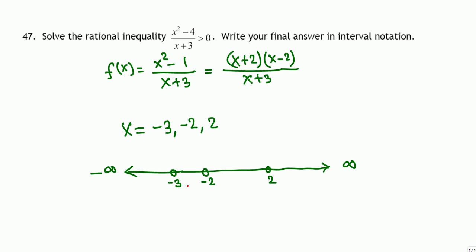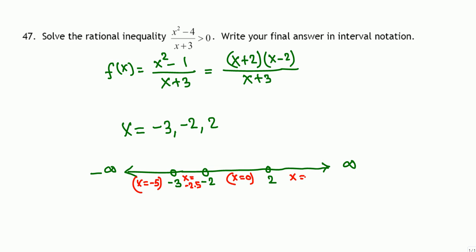Let's take the test point x equals any number less than -3. Let's take -5 or -4 or -1000, doesn't matter. Between -3 and -2, x equals -2.5, yeah, that works. Between -2 and 2, -2, -1, 0, so we can pick 0.